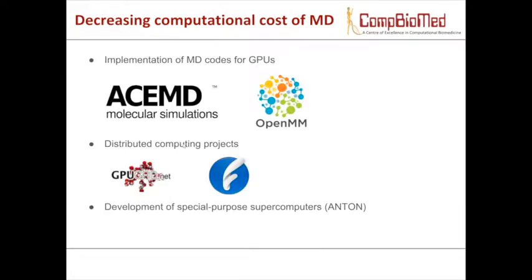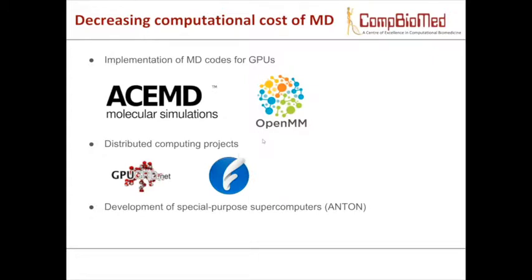And one of the main reasons that we're able to reach these timescales is the software and hardware improvements in MD. One of them, which is really important, is the implementation of MD codes in GPUs, which has increased the computational efficiency of simulations by a lot. These are MD code examples that run in GPUs.